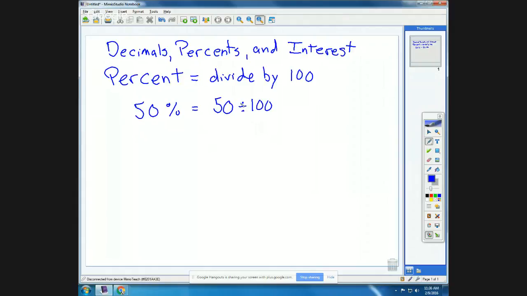That also looks like the division symbol. We have two choices from here. We could write it as a fraction and reduce. We get maybe 5 over 10 first, and reduce one more time and get 1/2. Or we could actually carry out the division and take 100 into 50.